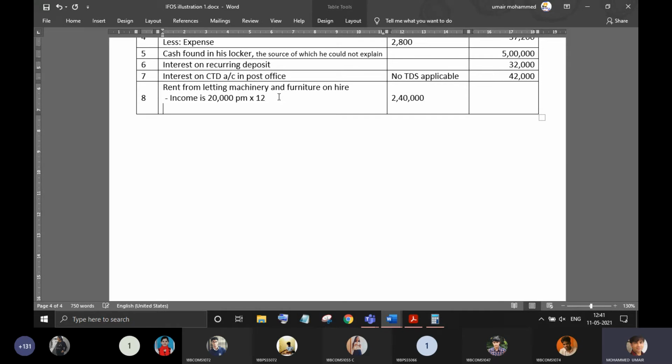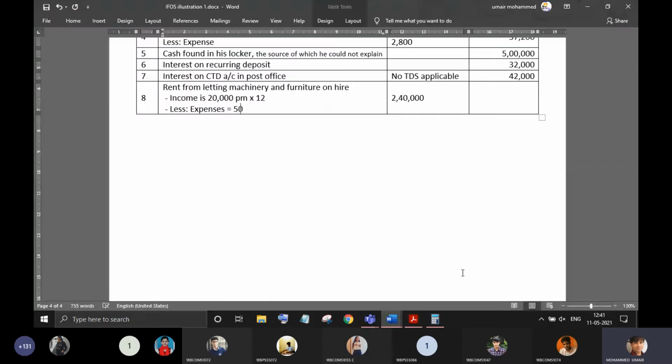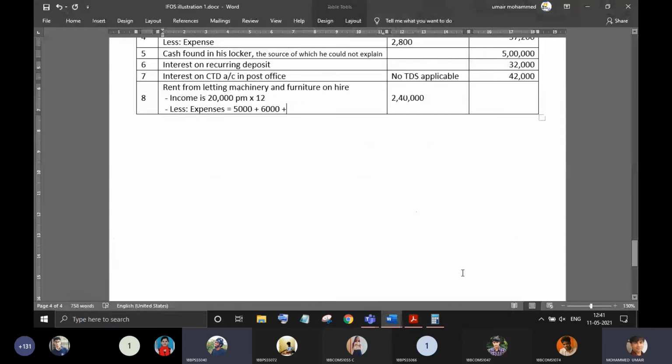And there are certain expenses that need to be deducted. Claimed expenses as deduction with respect to machinery and furniture let on hire, which is 5,000 insurance, 5,000 repair, depreciation. Plus, you get 2 lakh.